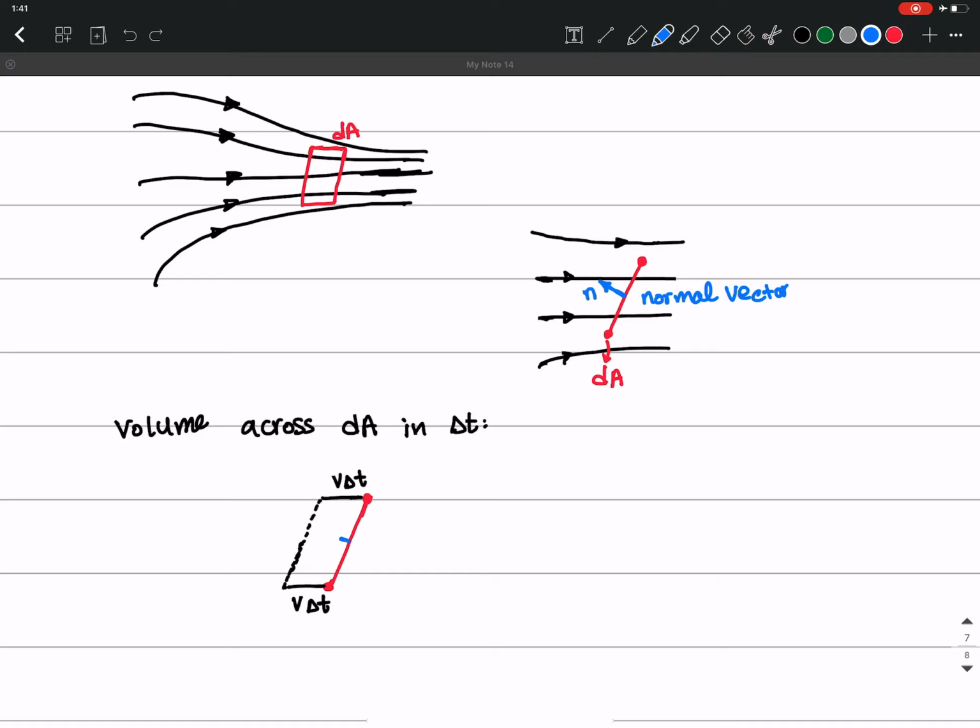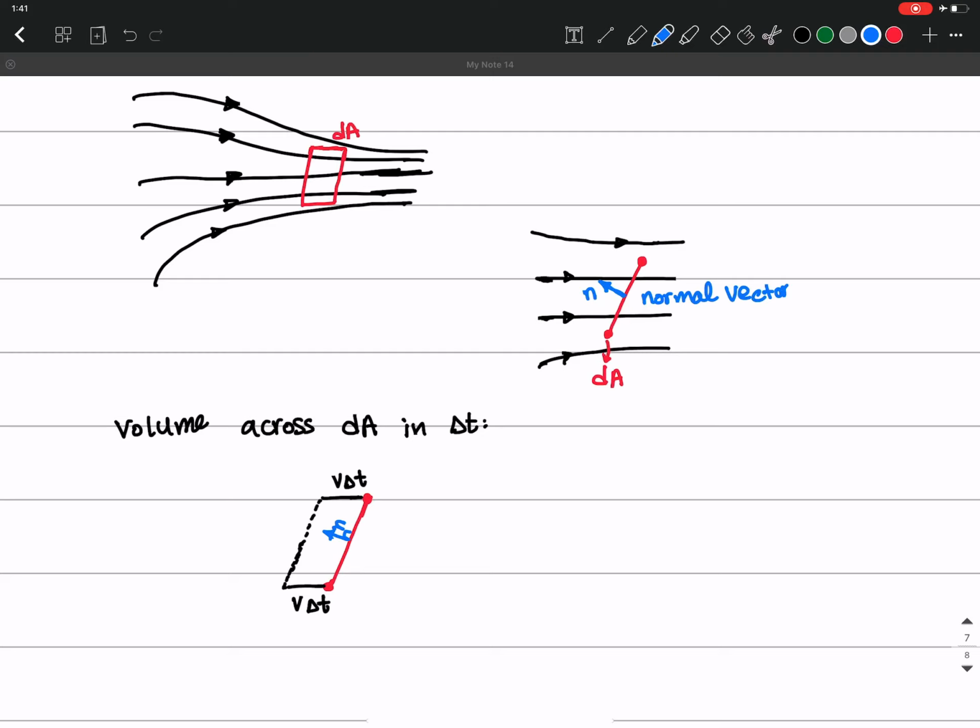How much of it is exactly being transported into this surface.